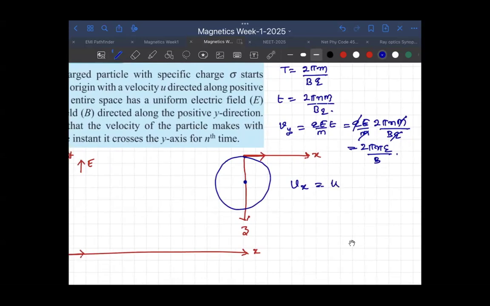What do you want? Direction with what? I mentioned yesterday. I have Vy direction. I have Vx direction. So tan alpha is Vy by Vx, which is 2 pi n e by b u.